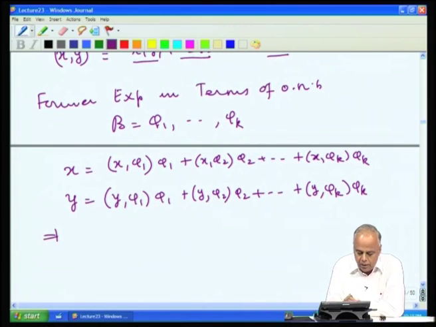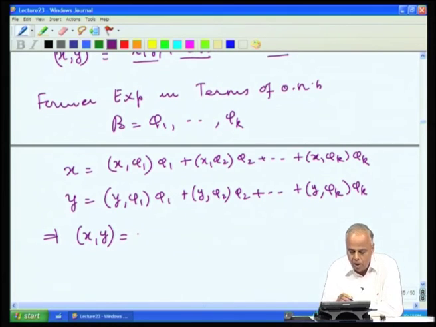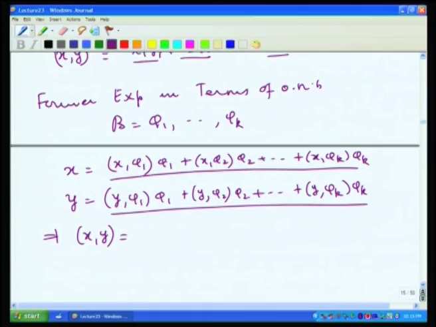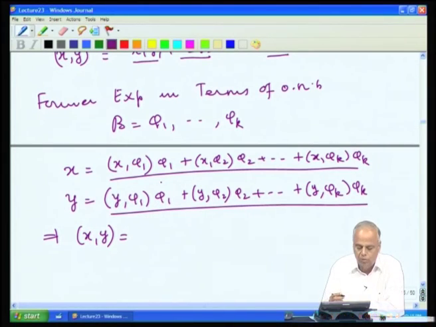Now, if I take the dot product of x and y, I will have to take the dot product of this sum with respect to this sum. When we take the dot products, the cross terms go away, because the inner product of phi i and phi j will be 0 if i is not equal to j, and the direct terms, phi 1 with phi 1, will give you 1.